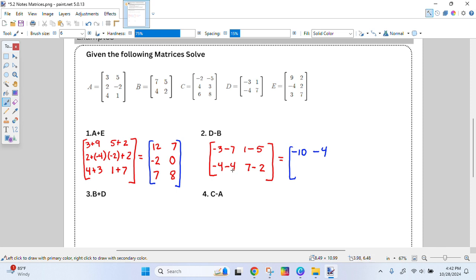Negative 4 minus 4: if I'm subtracting, it's like we're adding the opposite of whatever I have on the right. So negative 4 plus negative 4 would be negative 8. And then 7 minus 2 is just 5.